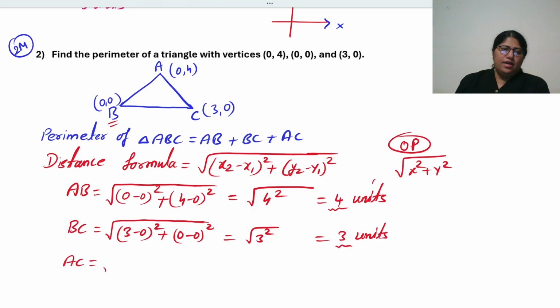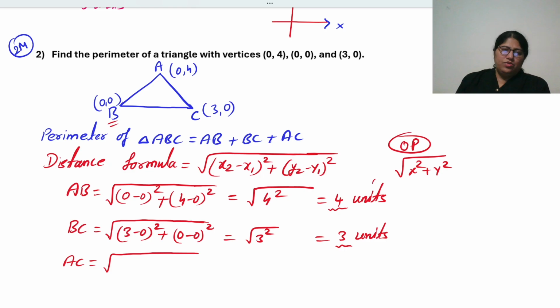AC. For AC, you can take any value as per your convenience. I can take this as x1, y1 and that as x2, y2, or I can take A as x1, y1 and this as x2, y2. But whatever you take, take it in the same order. So what is the length of AC? I'm taking C to A here. So C is x2, y2.